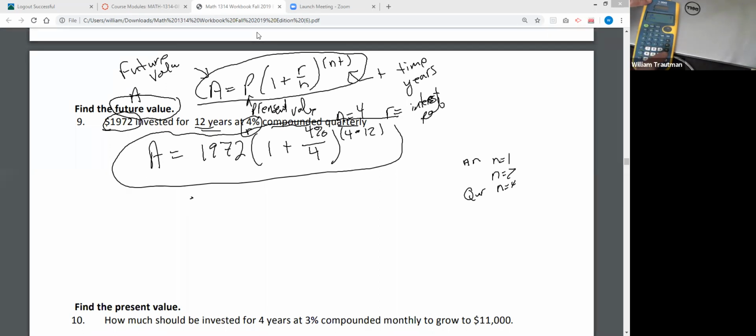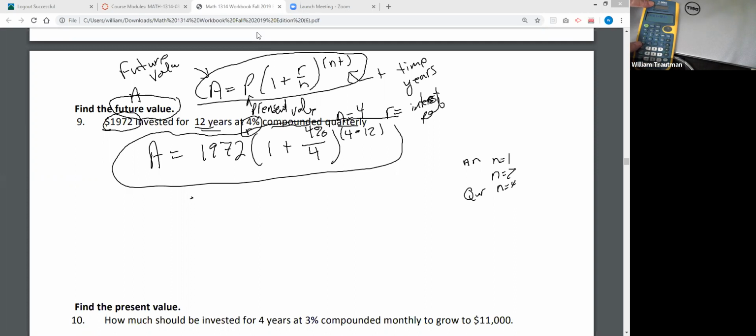1972. Well, let me clear that. 1972, parentheses, 1 plus a fraction. I'm hitting the ND button, and I'm going to put 4%, 4, and then I'm hitting the percent key here. 4% is on top. I arrow down to the bottom, and I have to type in 4. Arrow over to get out of the fraction, close my parentheses, and then I have to raise it to a power.